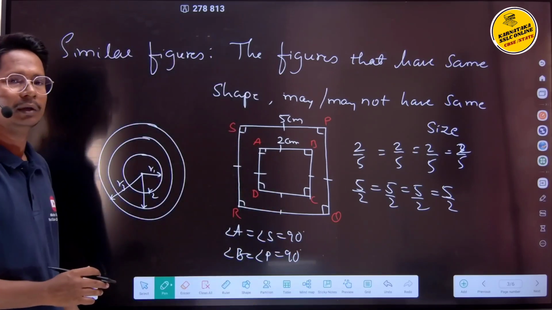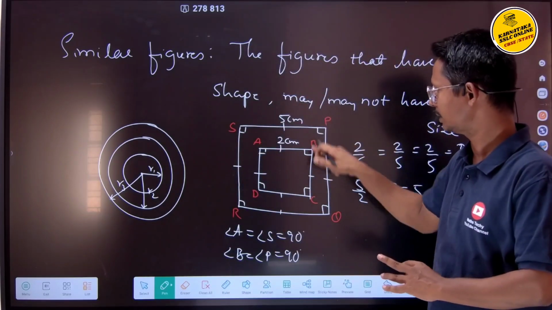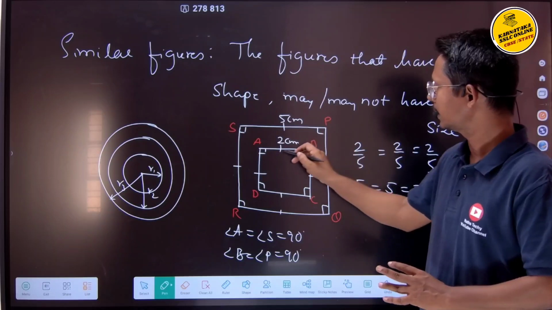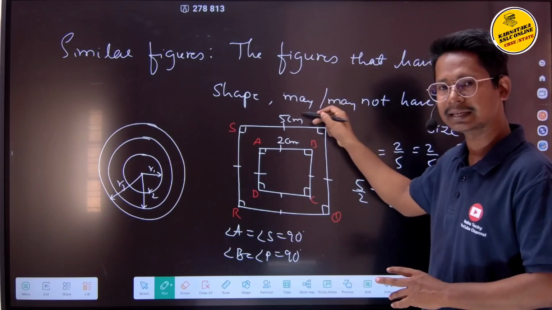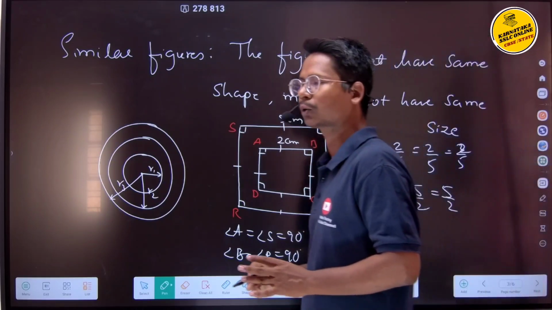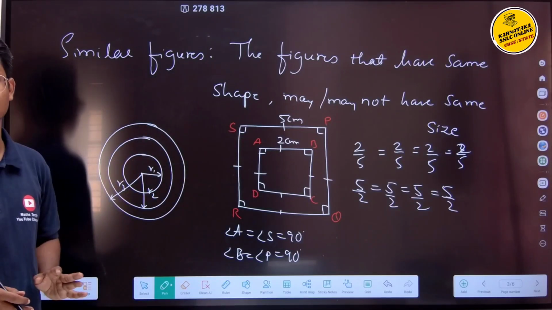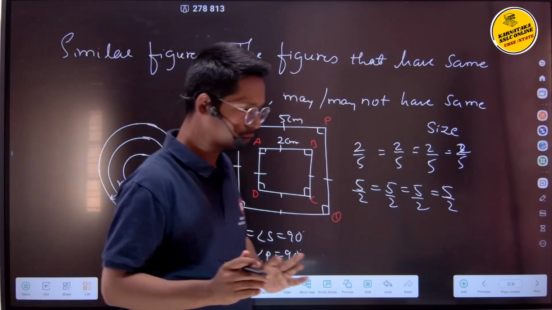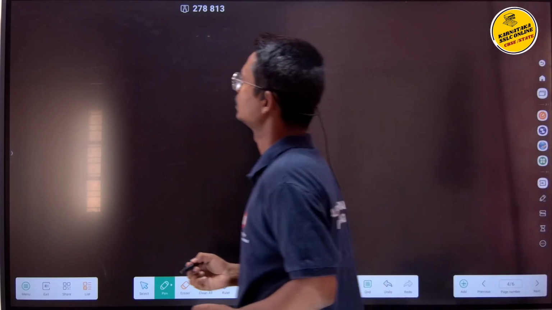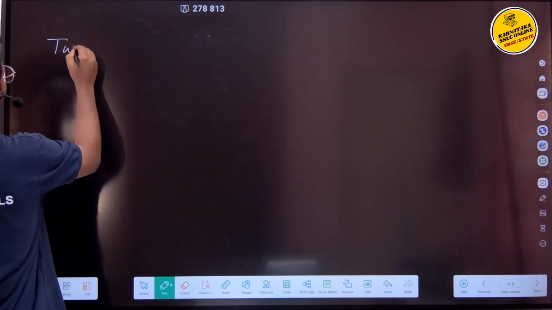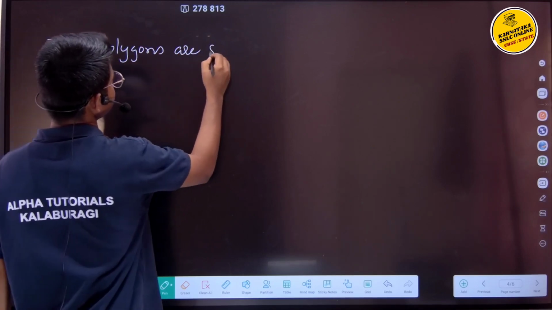In this way you can see the two figures have the same shape, they are squares, the corresponding angles are equal, and the ratio of corresponding sides is the same. Such figures are called similar figures. This you can generalize for polygons. Now how to define that two polygons are similar?